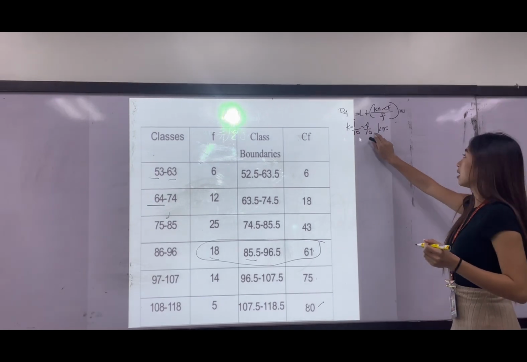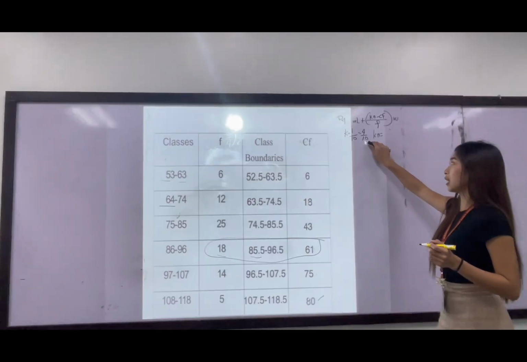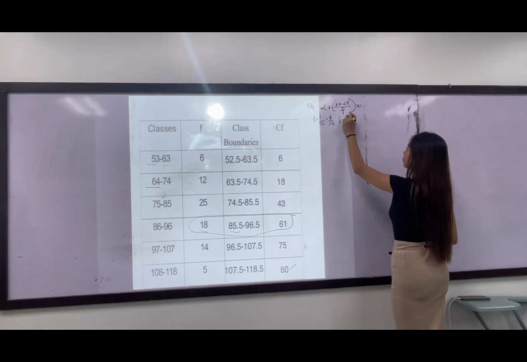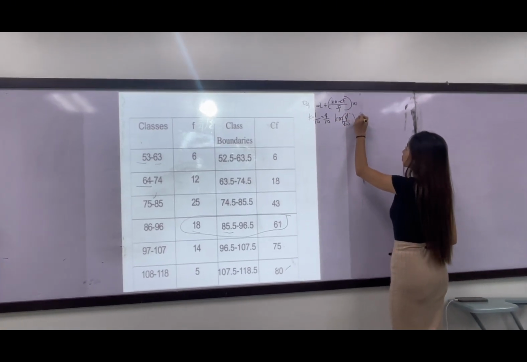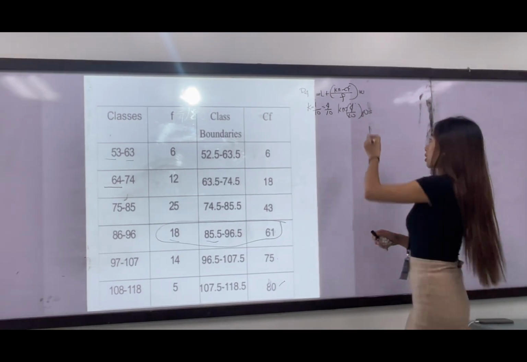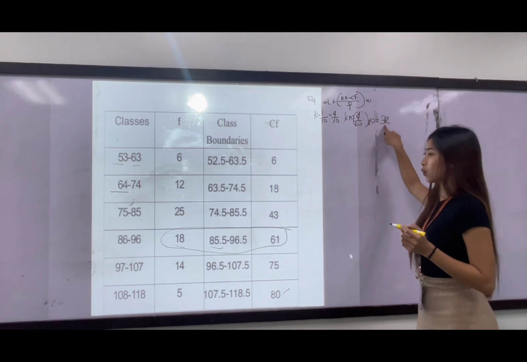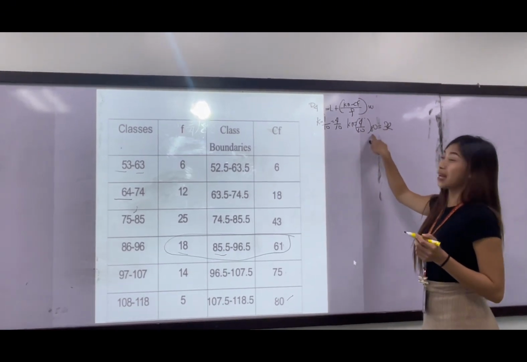The kn is k multiplied by the total cumulative frequency, which is 80. So the total is 32. Again, to get this 32, you just multiply these.